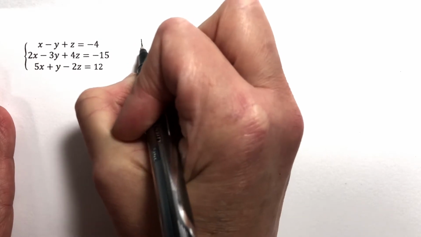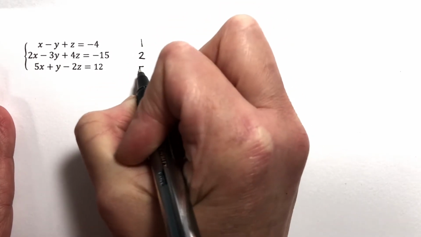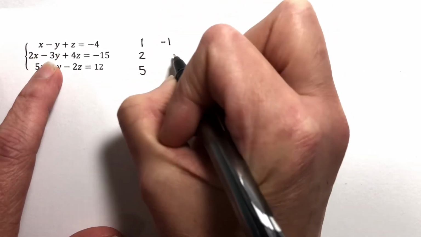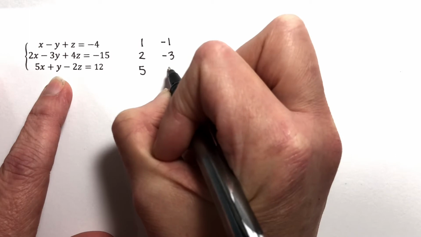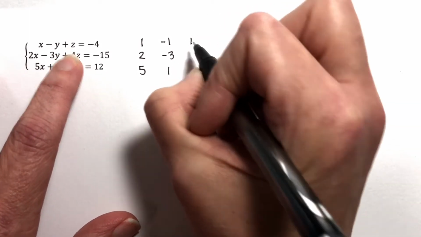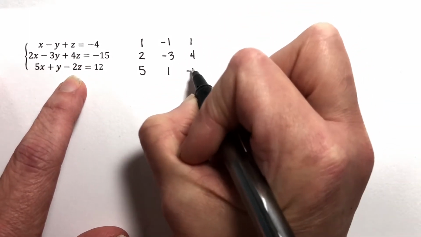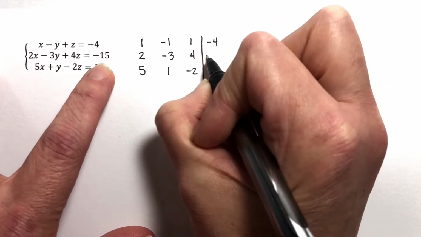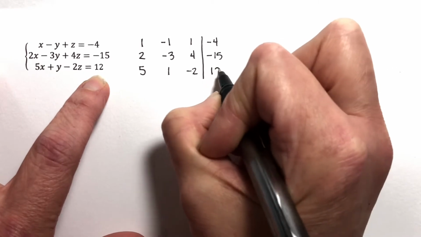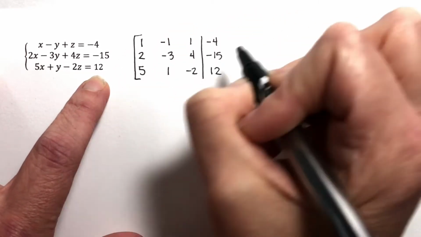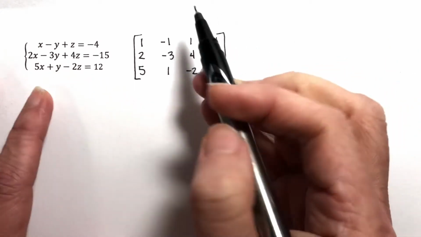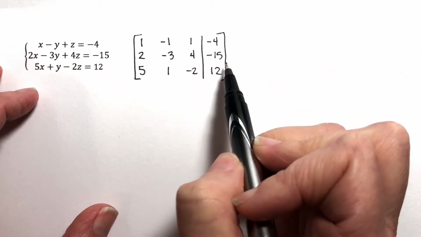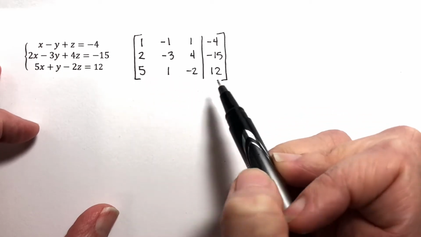So I have a 1, 2, 5, -1, -3, 1, 1, 4, -2, and then -4, -15, and +12. So I'm double checking here to make sure I have the correct system written down. Did not make any mistakes. It looks good to me.